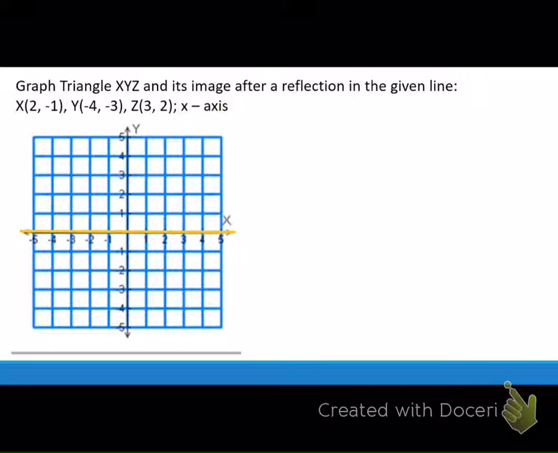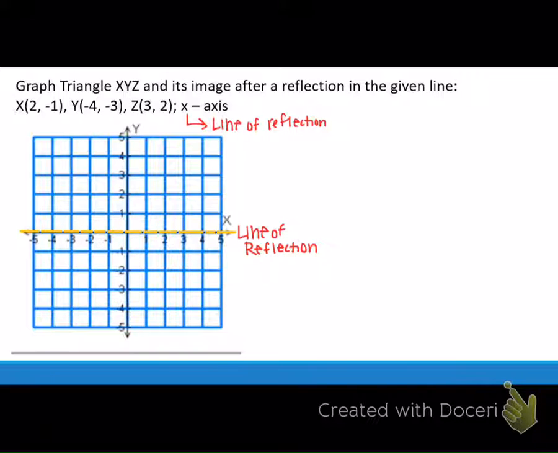That is my line of reflection. You have to graph it every time. No, I mean label. On the graph, yes. It's really good for you guys to get in that habit.